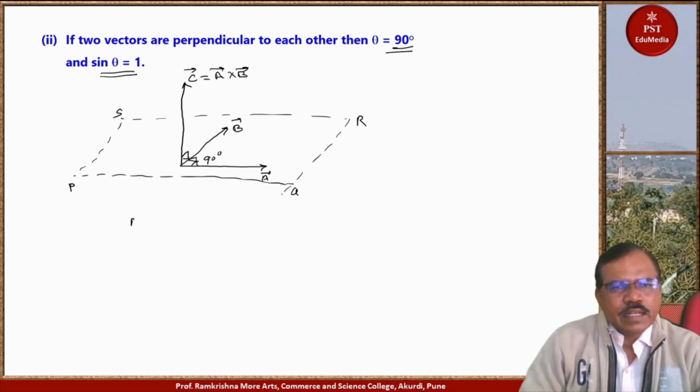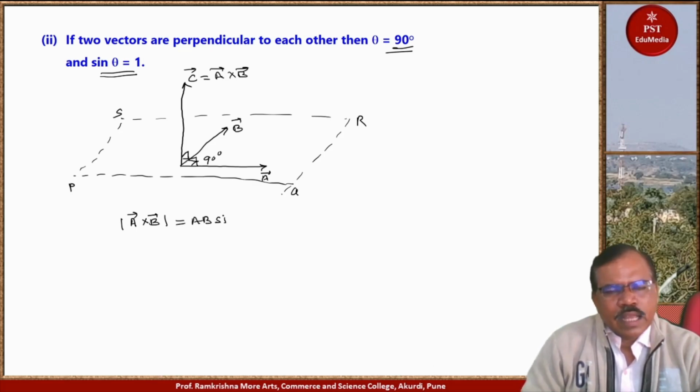So we get here magnitude of A cross B is equal to AB sin theta, but theta is 90 degree, so sin theta is equal to 1. So magnitude of A cross B is equal to AB.